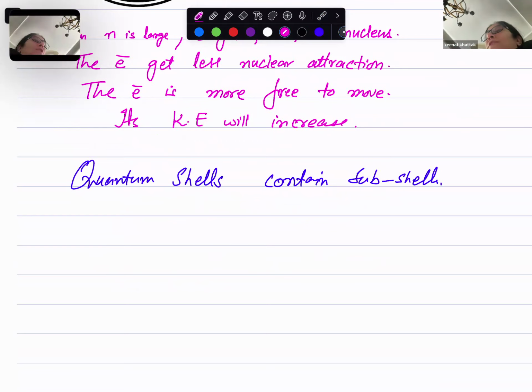There are 4 subshells: S, P, D, and F. Quantum shell contains subshells S, P, D, F. You know, subshell S contains 2 electrons, subshell P contains 6 electrons, D has a capacity of 10 electrons, and F has a capacity of 14 electrons.